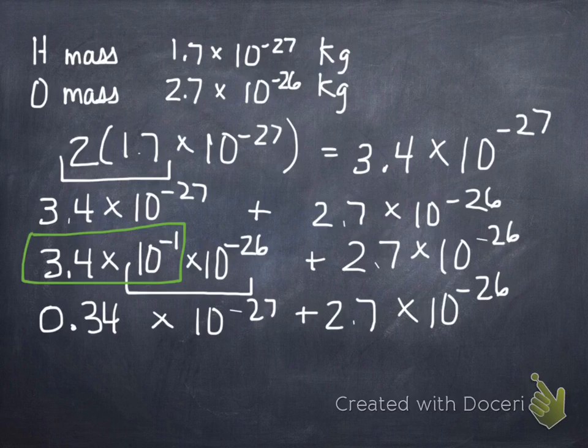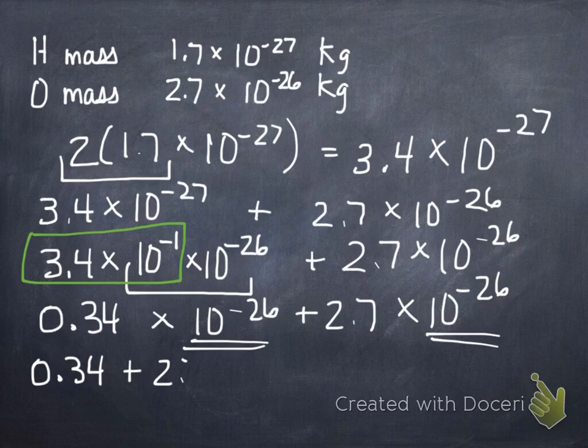Now I can use the distributive property. Whoops, I see something I did wrong. This should be a 26 here now, right? Because we fixed that. Okay, so now I've got 10 to the negative 26 here and here. So I can pull that out. So I've got 34 hundredths plus 2 and 7 tenths times that factor of 10 to the negative 26.